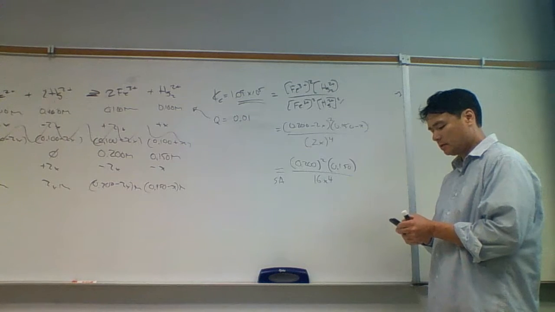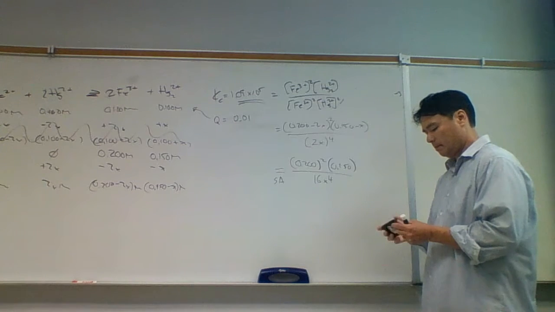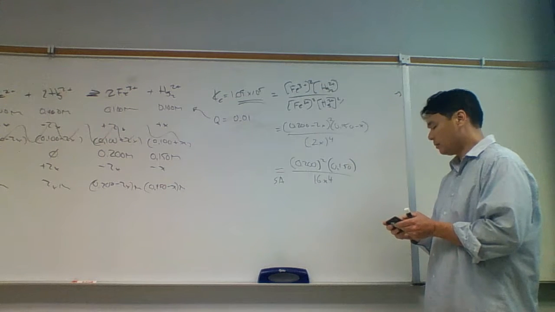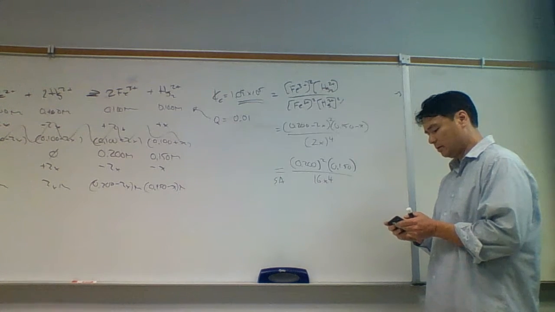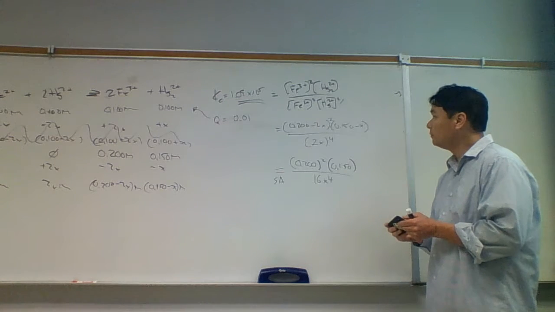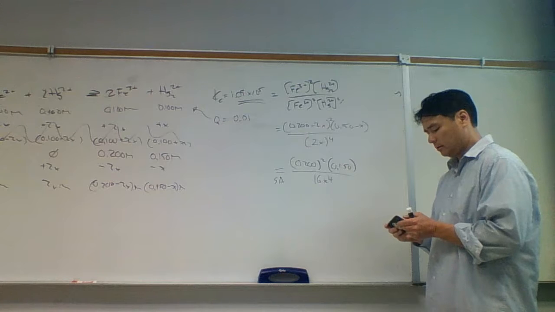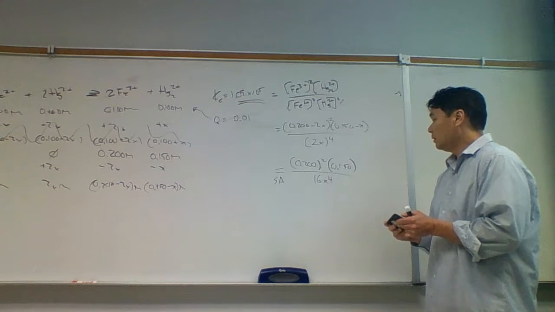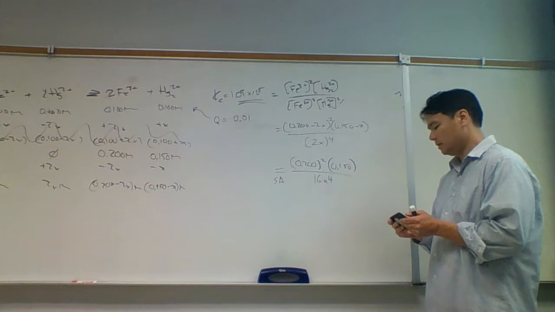So solving for x, I would get this 0.2 squared times 0.15, divided by 1.09 times 10 to the 5, divided by 16.